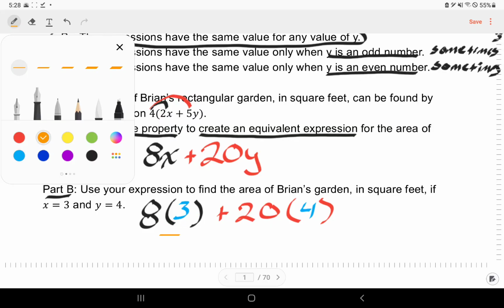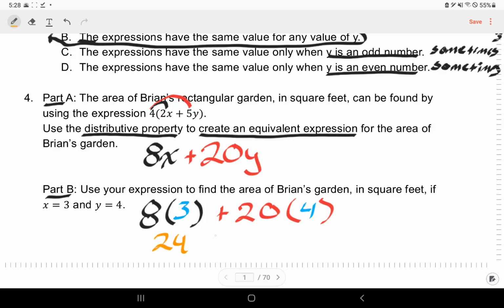Well, 8 times 3 is 24. 20 times 4 is 80. And 24 plus 80 is 104. And that's our answer.